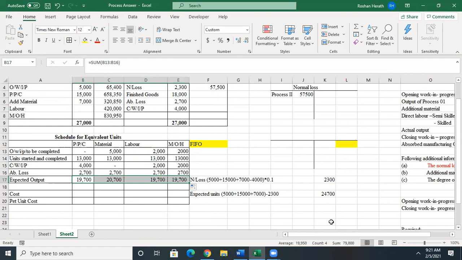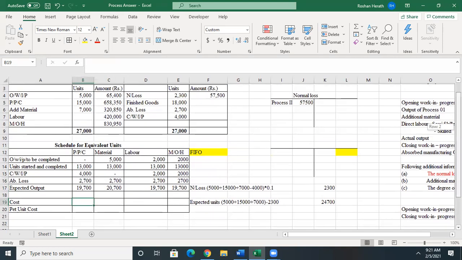This is it. Are we correct? 3, 15, 17, 19. Right, fine. 4,000. Yeah, 2,000. Yeah, good. 10,700. Fine. Then the cost.